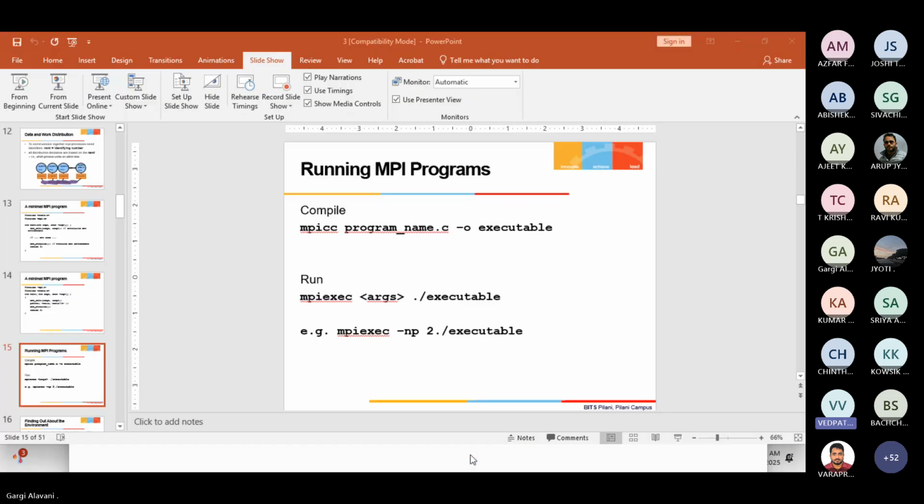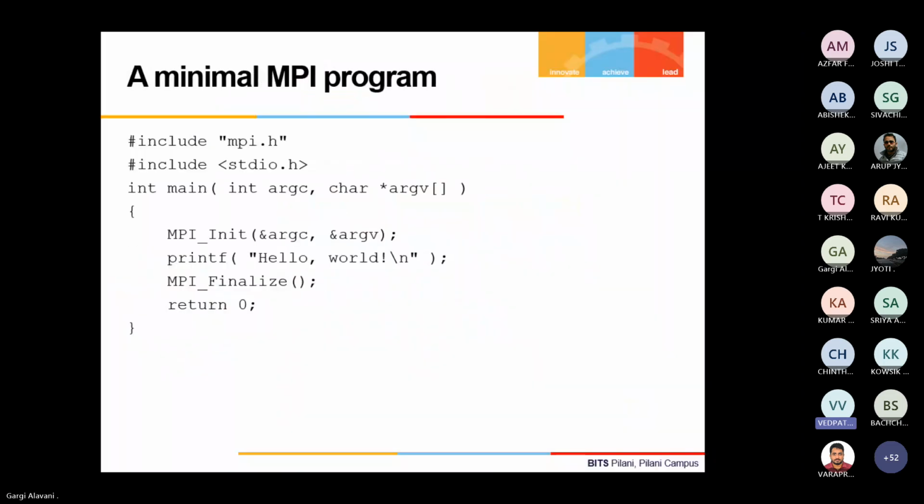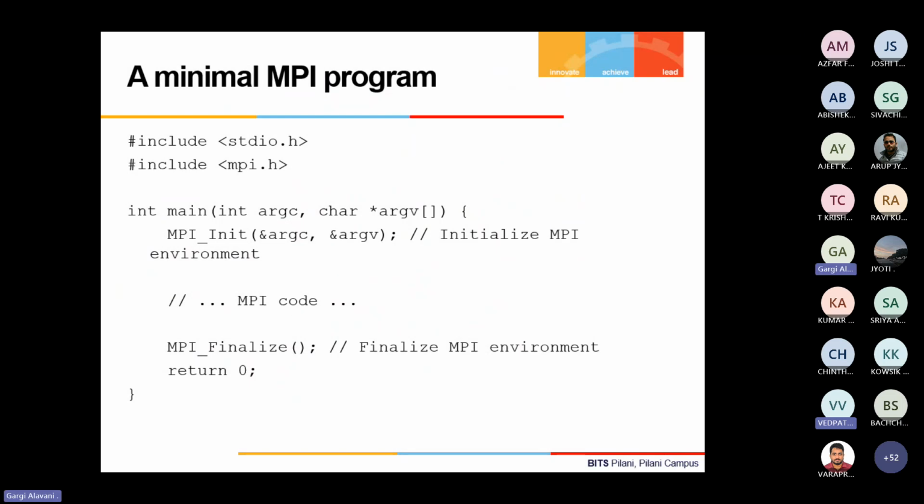Can you talk about what MPI_Init and MPI_Finalize do in a nutshell, as in what kind of initialization is required, and at the time of finalization, what cleanup activity is done?